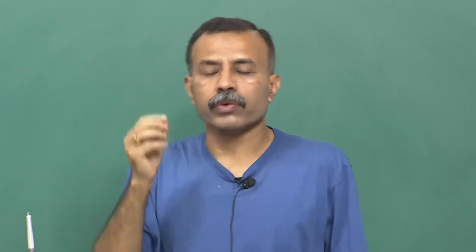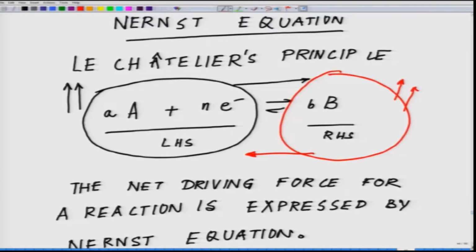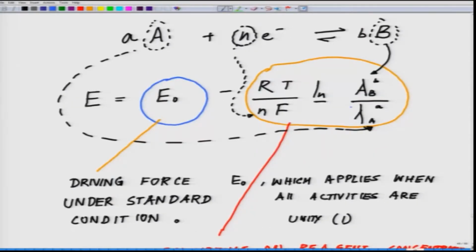So, if they are not unity, if these values are not unity, then the second term what you see, which is coming here, will come into play. Now, if you look at this term, what does this term stand for? This is in volts, okay. Now, what about this term? How is this term in volt? We will talk about it now.